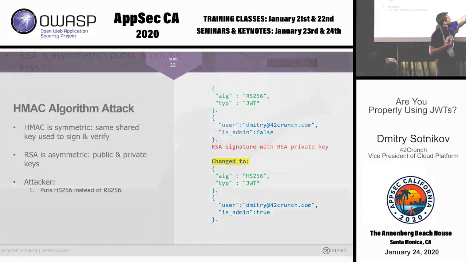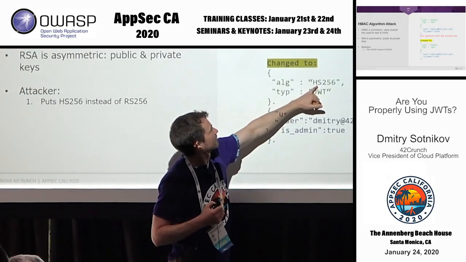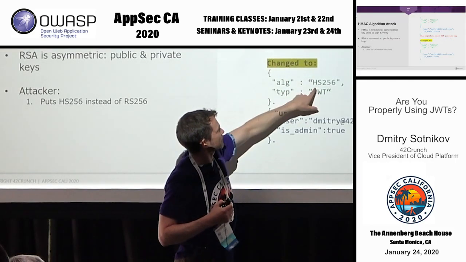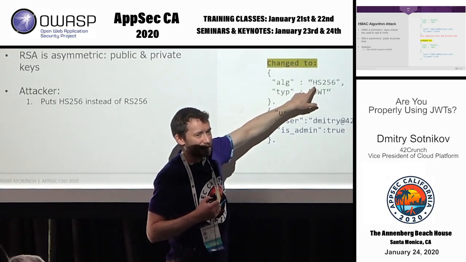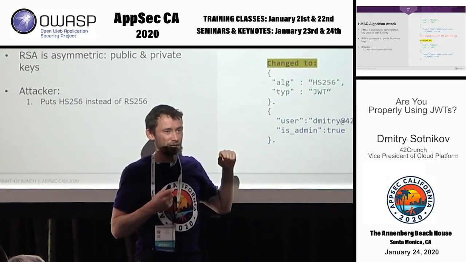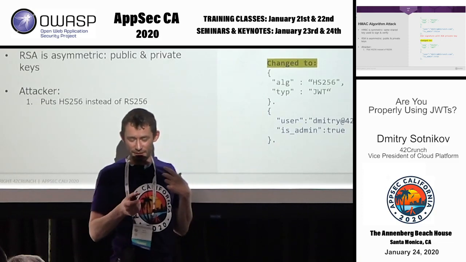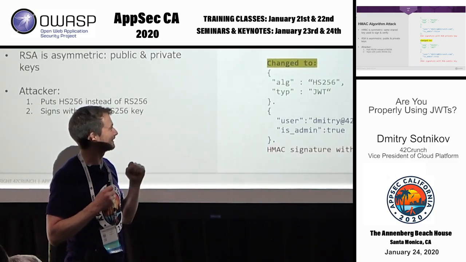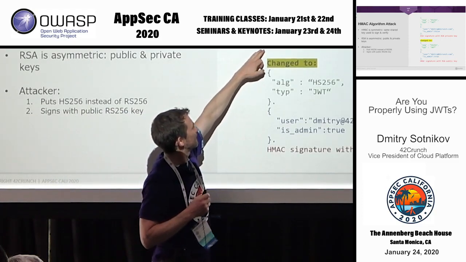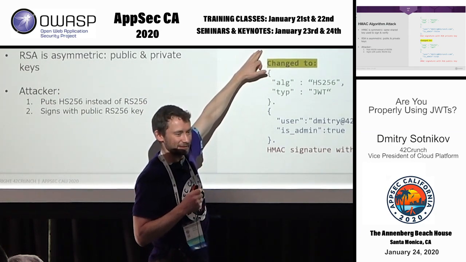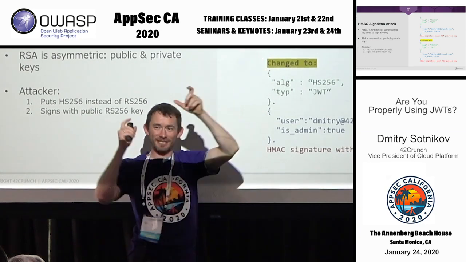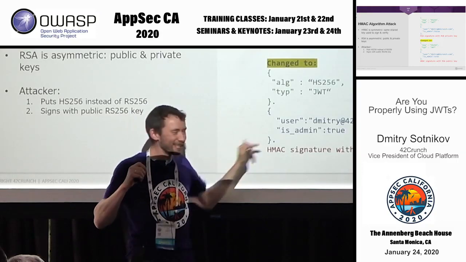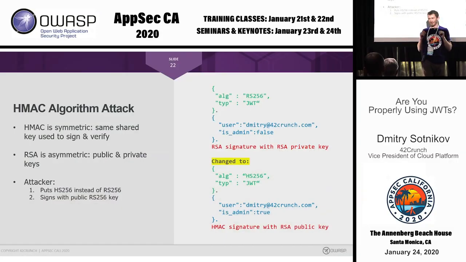But what the attacker does is change the algorithm from asymmetric to symmetric. However, what do we use as the key? The attacker is a weird one: the attacker takes the public key of Sam and uses that public key as a shared key for symmetric.